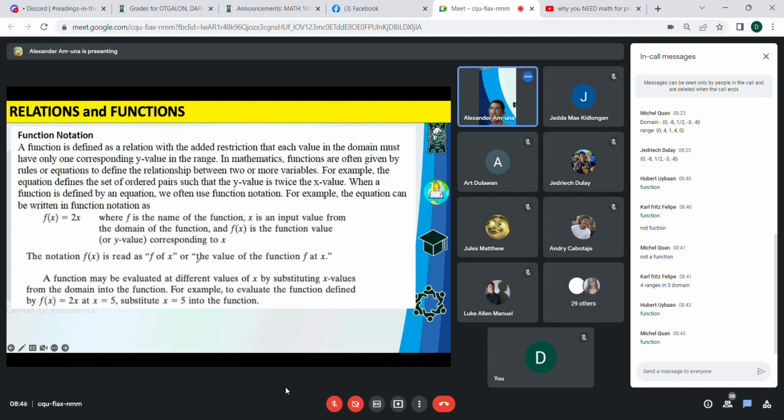Okay, so a function may be evaluated at different values of x. Okay, from this statement here. In other words, if we say f of x is equal to 2x, let's use this as an example. It means this function can be solved at the different values of x.